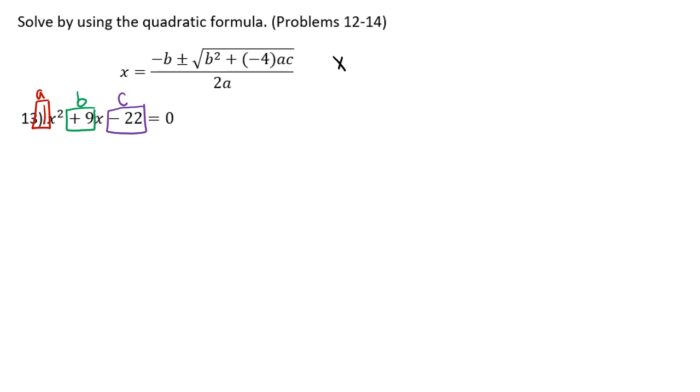So we're going to plug into our formula. Now we have a -b plus and minus. That -b, our b is a +9, so we plug that +9 into the -b, it turns it into a negative.